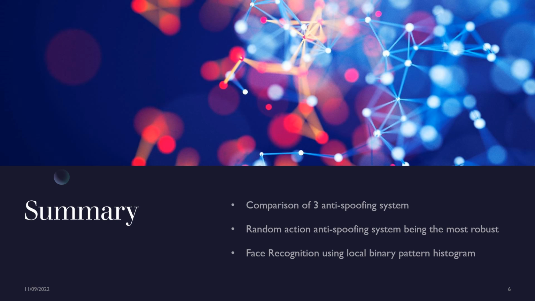So now we will finally proceed with the summary of the comparison of the three anti-spoofing systems, with random action being the most robust. And finally, the face recognition used is Local Binary Pattern Histogram.